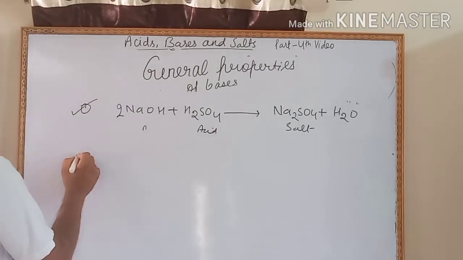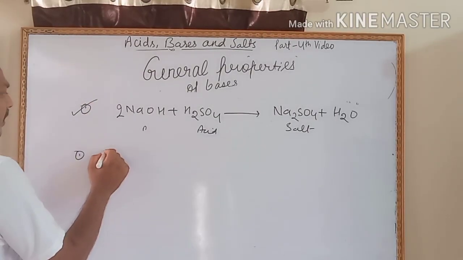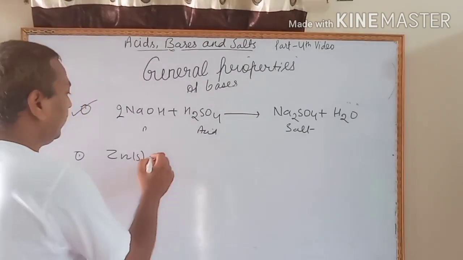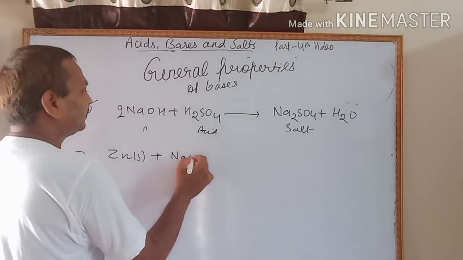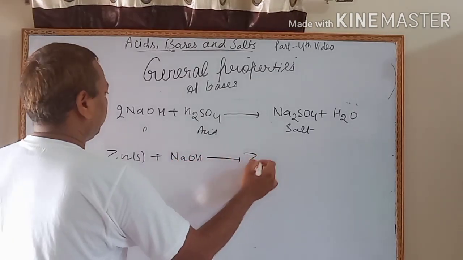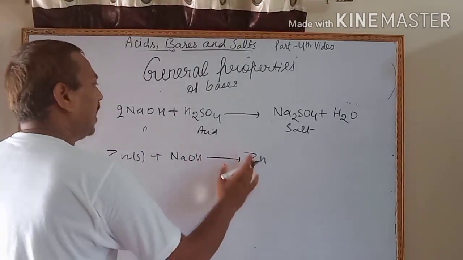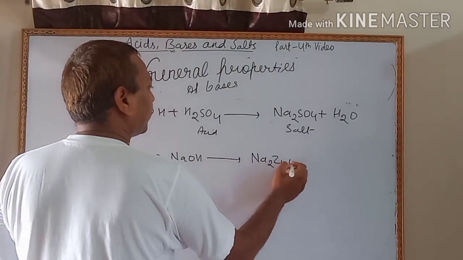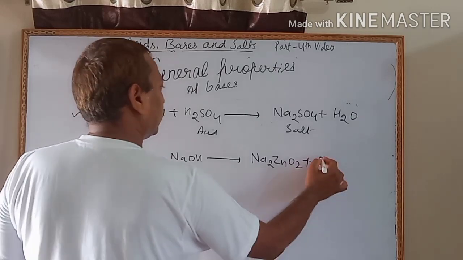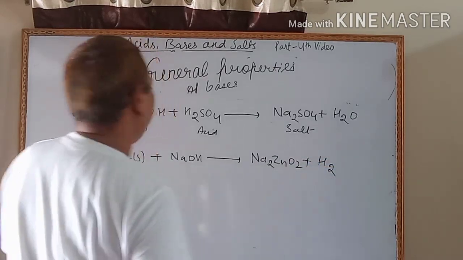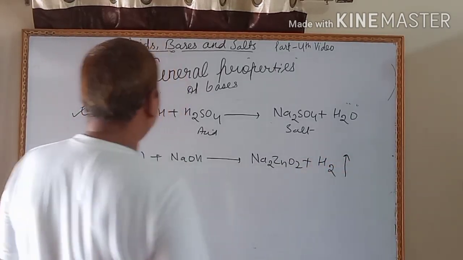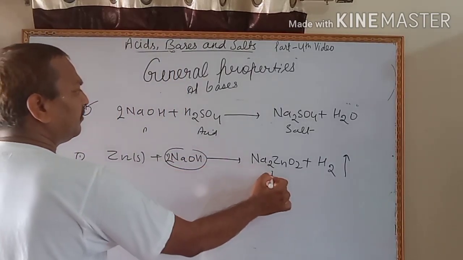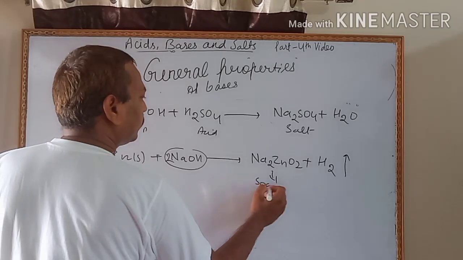Next property with chemical equation, when a metal like zinc, granulated zinc, reacts with NaOH, it gives Na2ZnO2, sodium zincate, plus hydrogen gas evolved. Now see children, this is NaOH, 2 mole, sodium zincate.